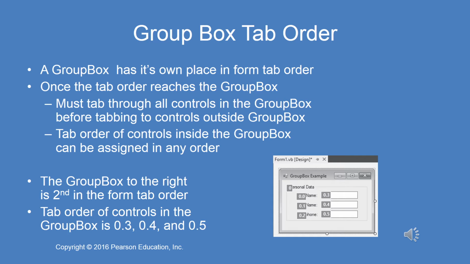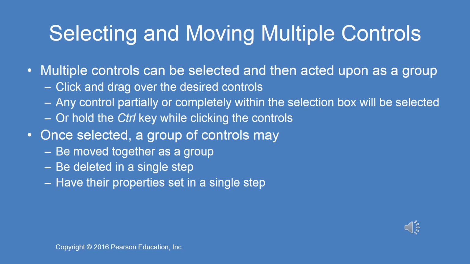So here we have on the lower right-hand corner of this slide a GroupBox, and it's second in the Forms tab order. And the tab order of controls in the GroupBox is 3, 4, and 5.